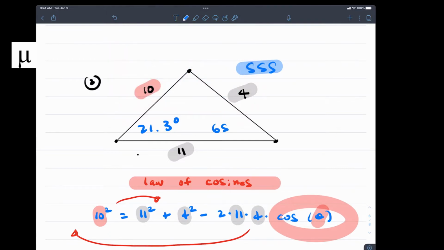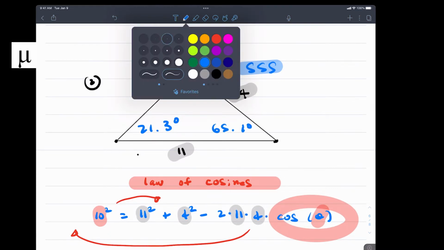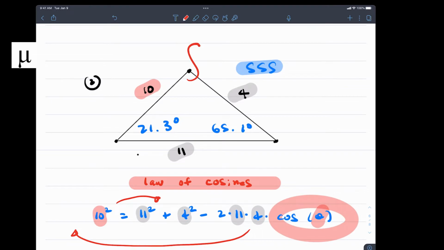What do you think you guys do now with this? How do I get the third angle? Do your sum of what? The interior angles of any triangle is 180.